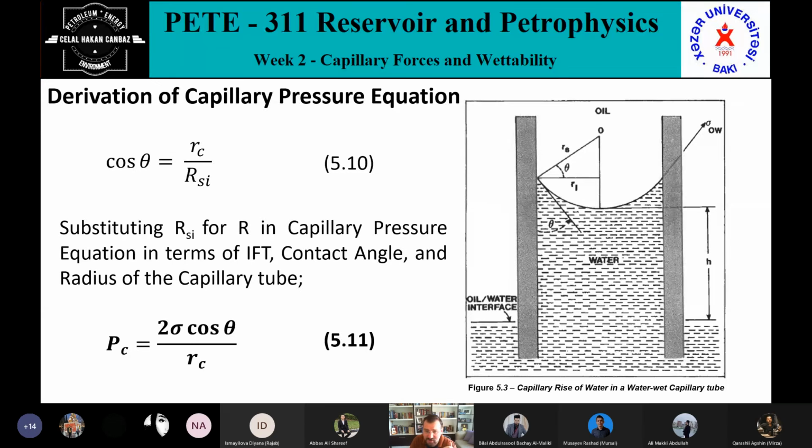This is the generic capillary pressure formula. I put in the contact angle because it describes the wettability of the two interfaces, so putting cos theta here is crucial. The generic equation of capillary pressure is equation 5.11.